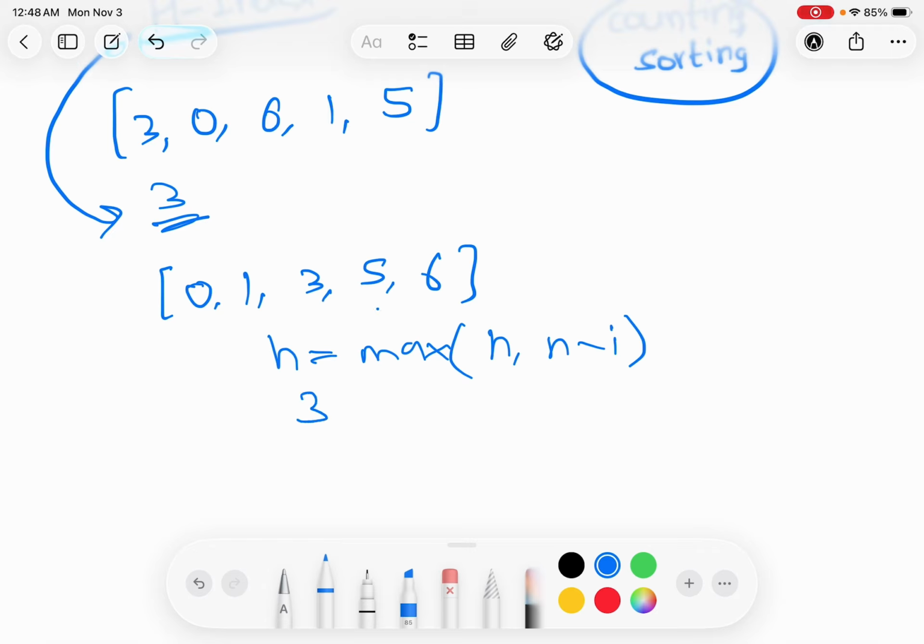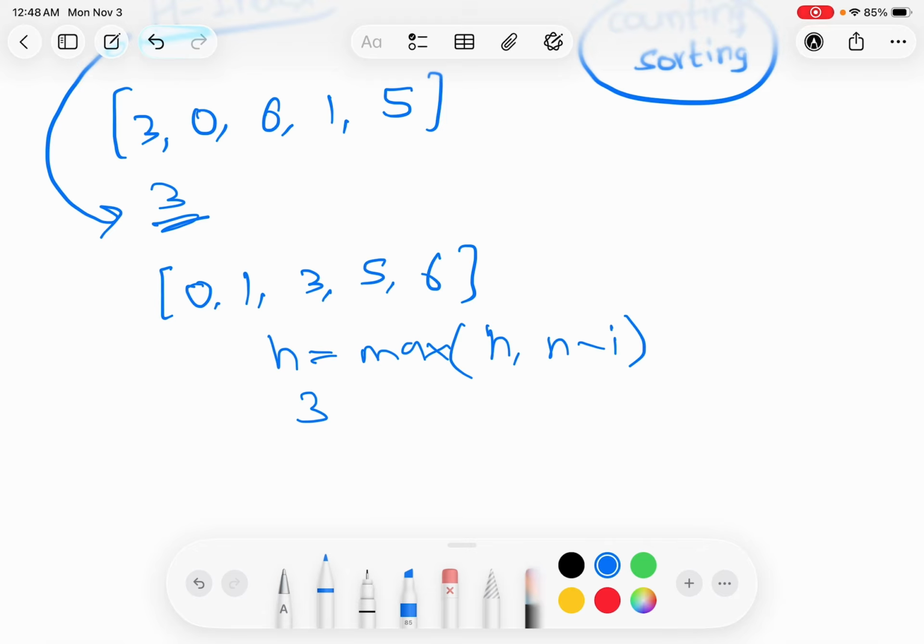For the next position, 5: is 5 at least as big as n minus i, which is 5 minus 3, which is 2? Yes, of course it is.